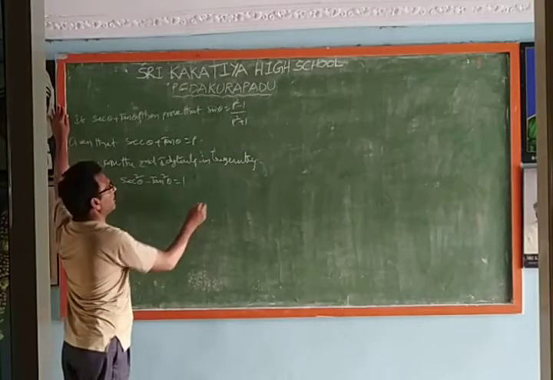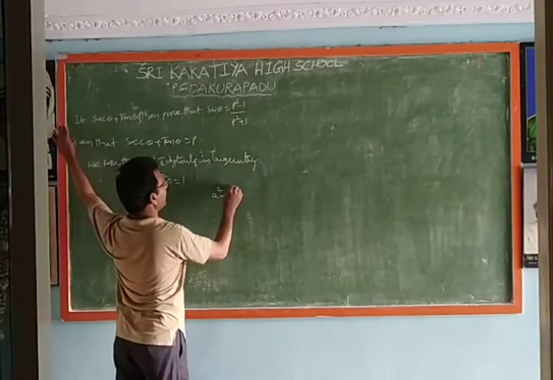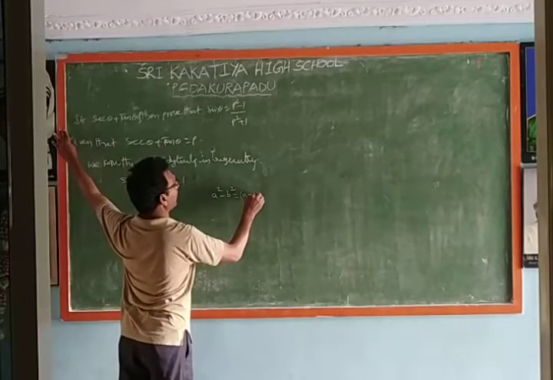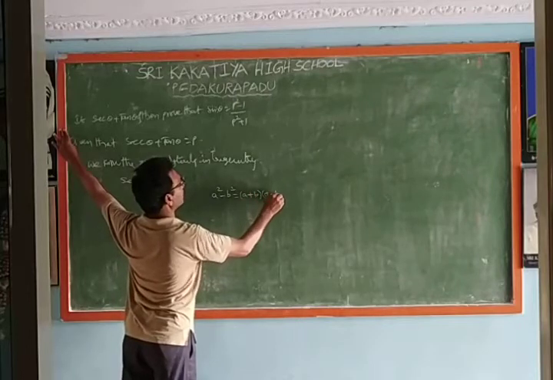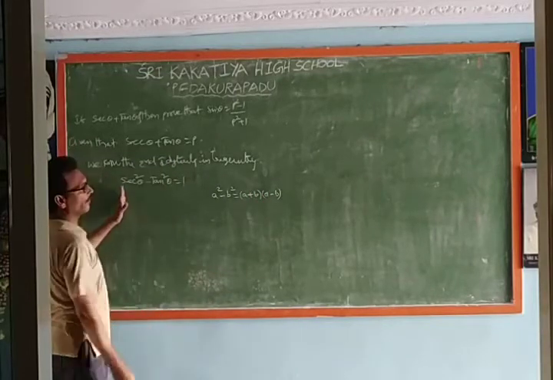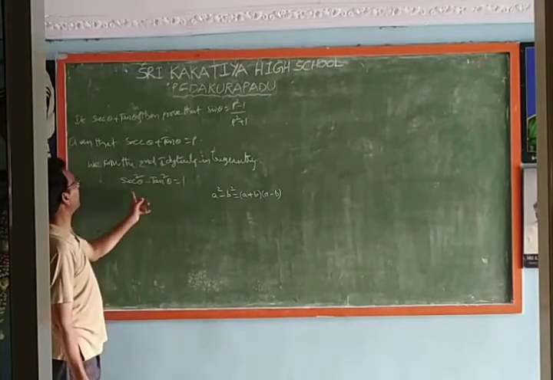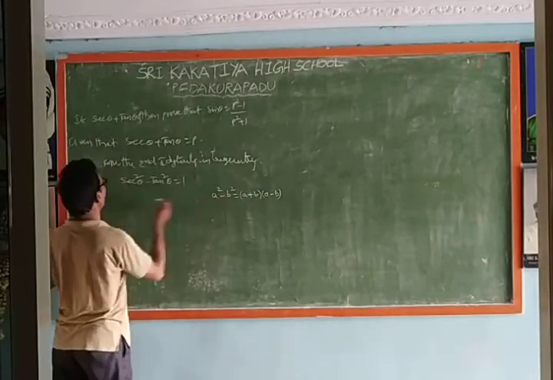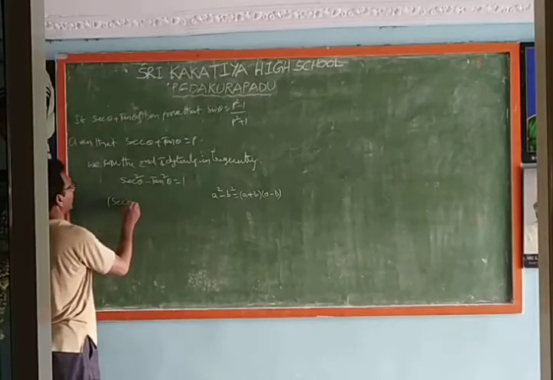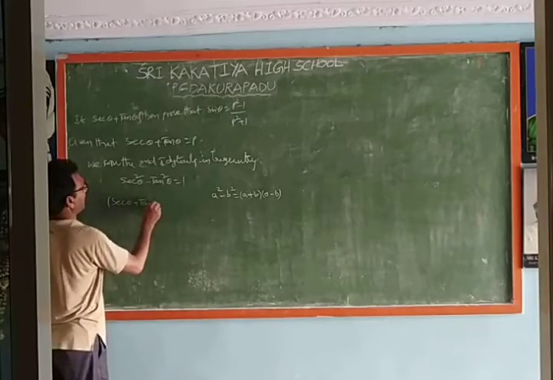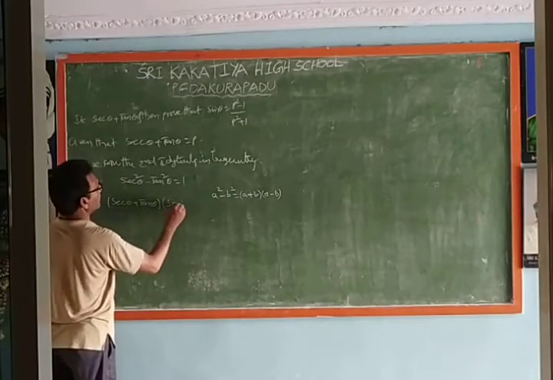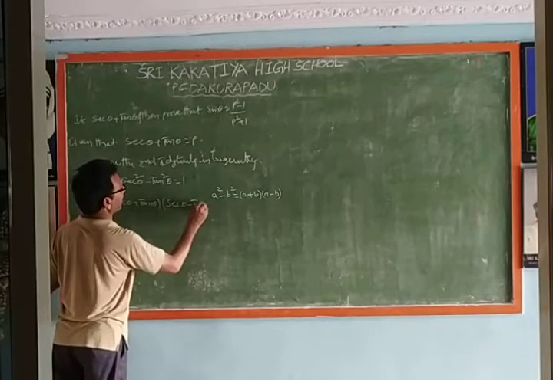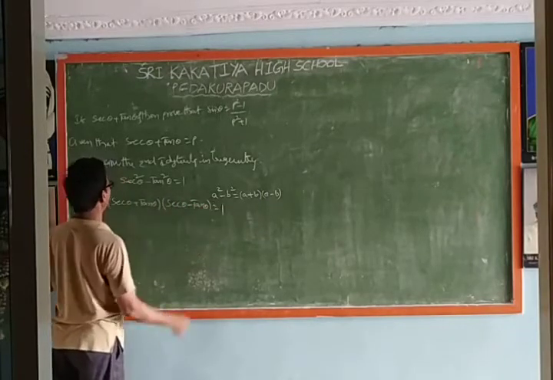We want to find the factors of a square minus b square. What are the factors? a plus b into a minus b. That is, secant theta plus tan theta into secant theta minus tan theta is equal to 1.